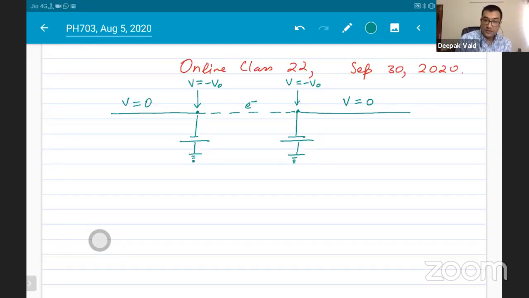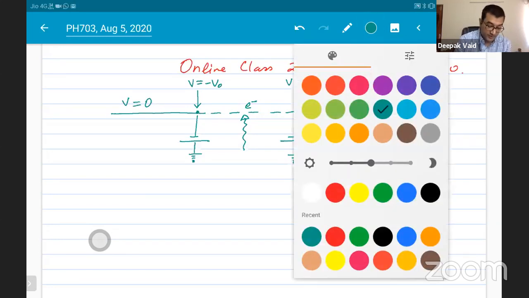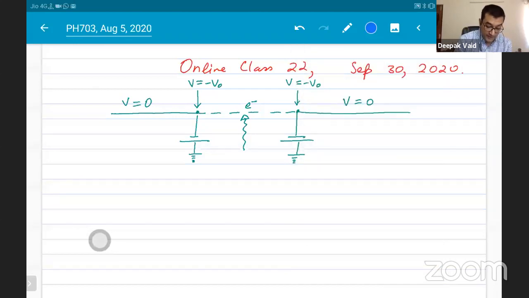You either shoot the electron or have some deposited in some way on that segment. What will this electron experience? When it is in this region between these two terminals, let's call this region point A and point B.